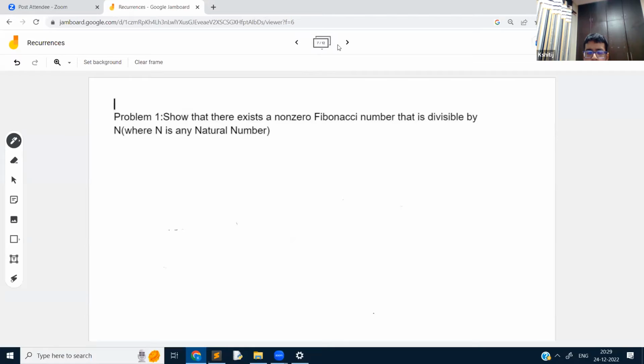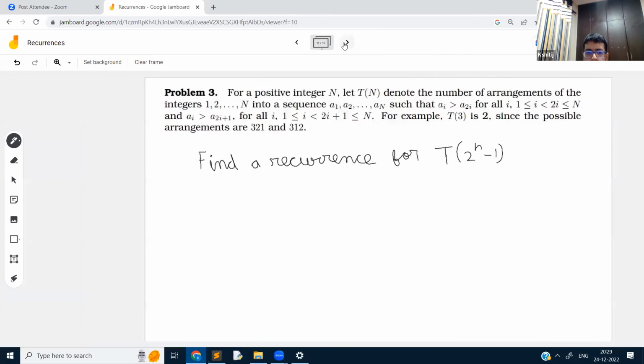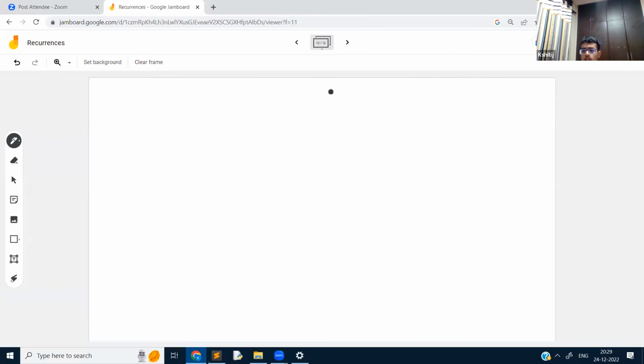Now I will show for the case when all the roots are distinct. So suppose Ri is not equal to Rj for all i less than j.